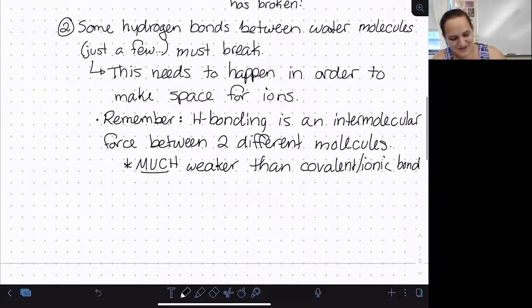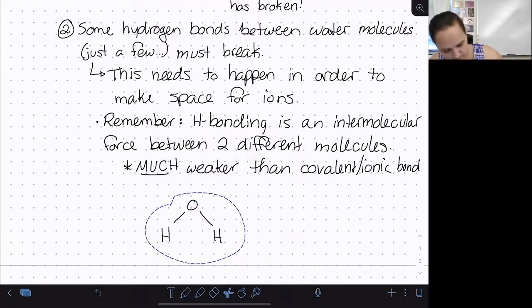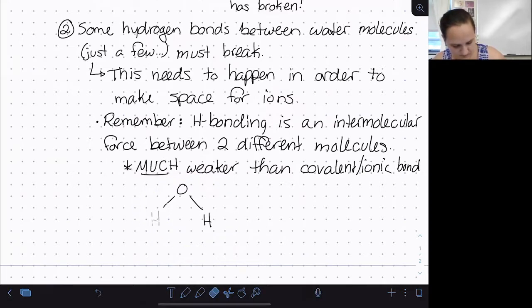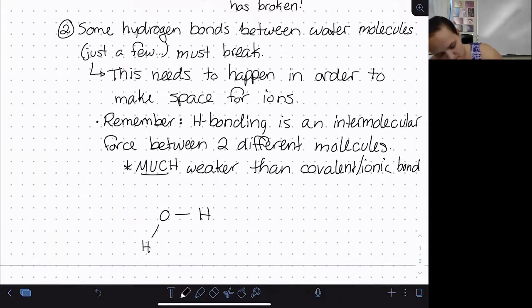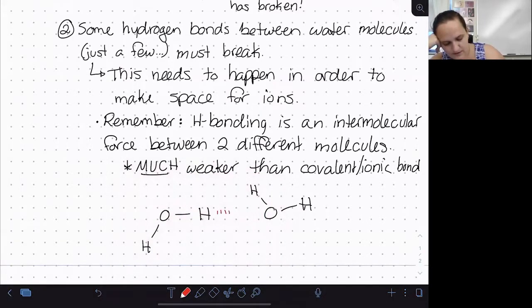So if we wanted to represent hydrogen bonding, if we look at a water molecule, H2O here, and another water molecule, these two water molecules can form a hydrogen bond in between them, but it is important to note that this is different than a regular bond.